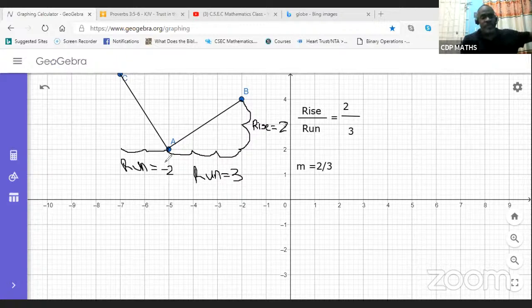Going to the left, it's not right, so it's negative. Going to the right, it is right, so it is positive. So run is negative 2, and then we count from here: 1, 2, 3. So rise is 3. Never make that mistake again.